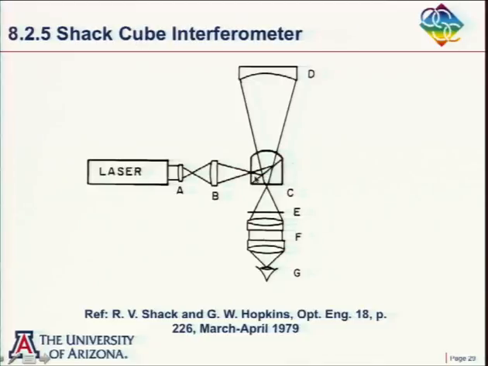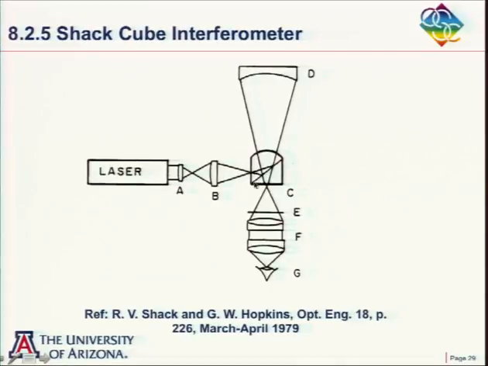Typically what we have here is a cube beam splitter with a lens cemented on one side. The light from the laser, we typically focus on the first surface of this cube, and we put a pinhole there to clean up the beam.